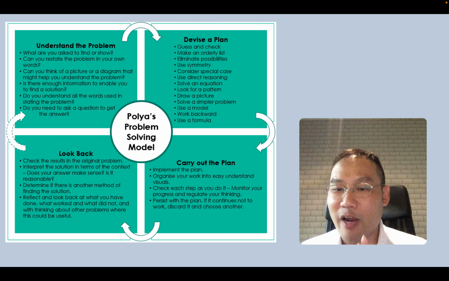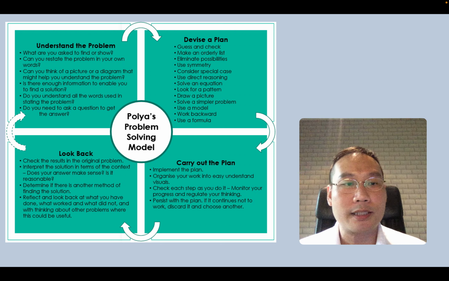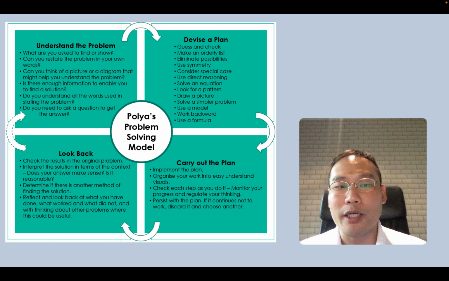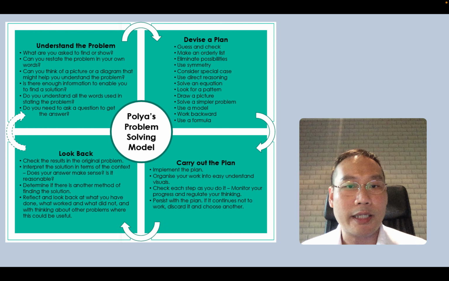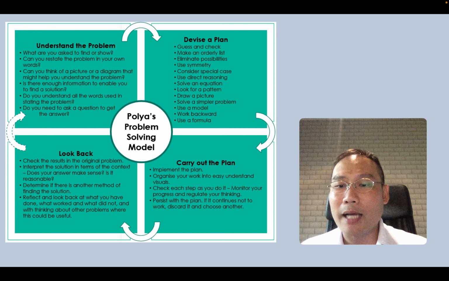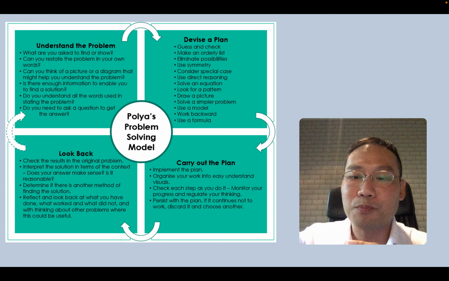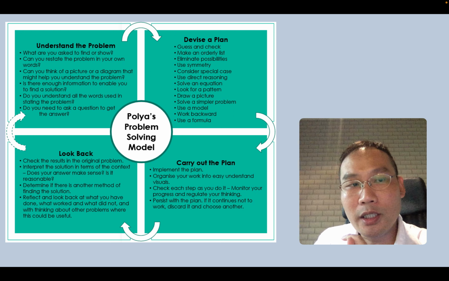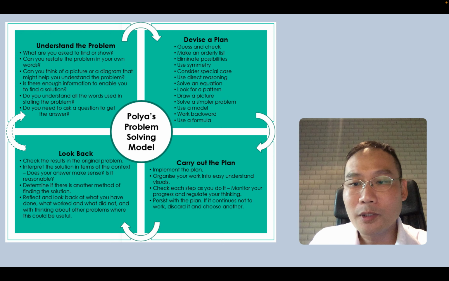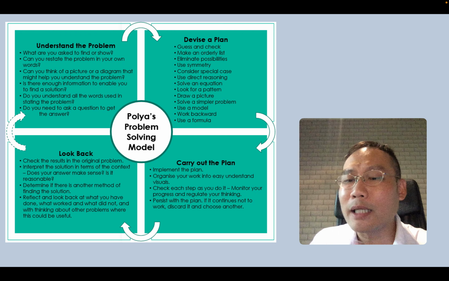Coming to this very popular, I would say, model for problem solving, because problem solving at its core is a very huge component of mathematics, we have Polya's problem solving model. So this document is easily available. You can actually look at this diagram, but generally the thought process that we have when we encounter a mathematics problem is to first understand the problem, right? So how to understand the problem?